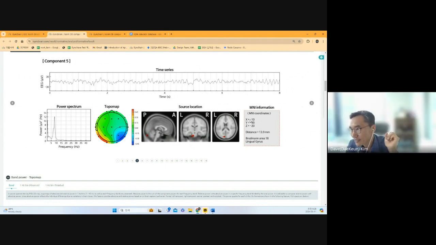The x equal minus 10 is central left, and very posterior, and z is just under the horizontal plane. That's the usual alpha activity. This is the healthy alpha activity, but in addition to healthy alpha activity, there is a lot of unhealthy alpha and theta activity in this MCI patient.